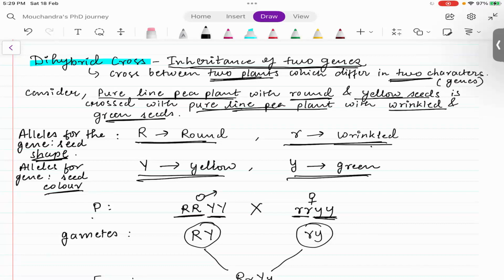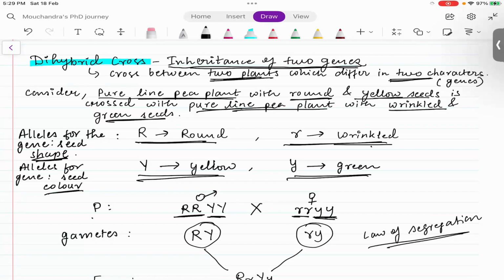And for the creation of the gametes, whatever alleles are present, we will use the law of segregation to write the genetic combination of each gamete. As you know, when the alleles separate during meiosis, one copy of the allele goes into each gamete.